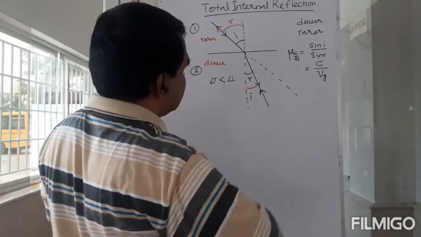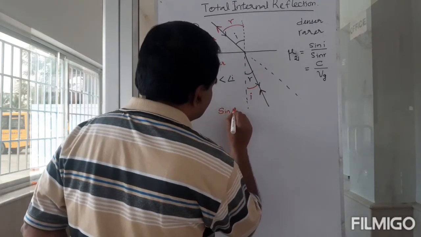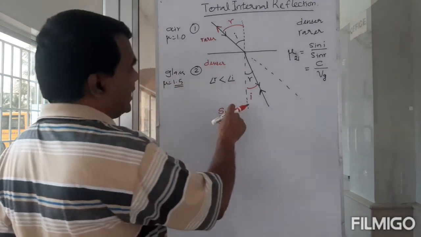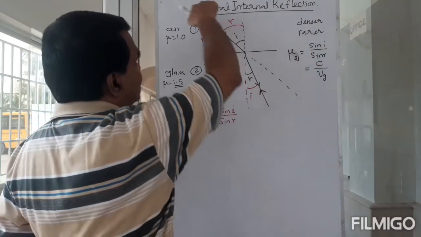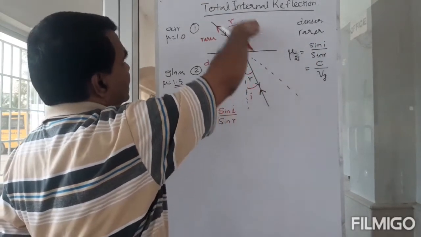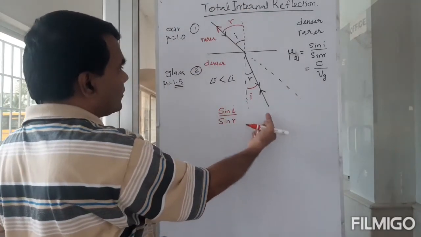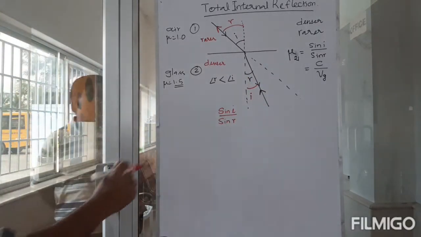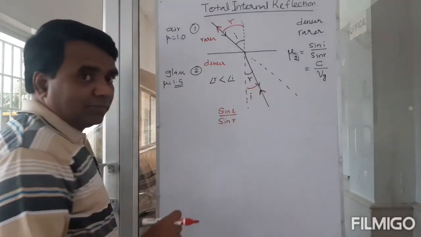So here also, in this case, I have sine I by sine R. You see, I am writing that in red. Black is for this path from air to glass. Red is for glass to air.